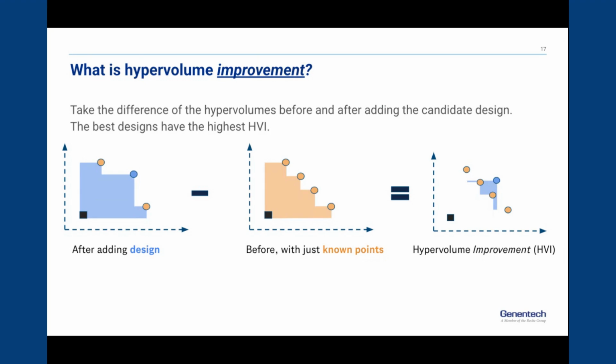But we know that our previous round formed the hypervolume shown here in orange. By subtracting these 2 hypervolumes, we can see where the hypervolume is improving, or which designs specifically are contributing to increasing it. You can see that's only the blue dot here, and that's the one that will be selected for ranking and for further experimentation.